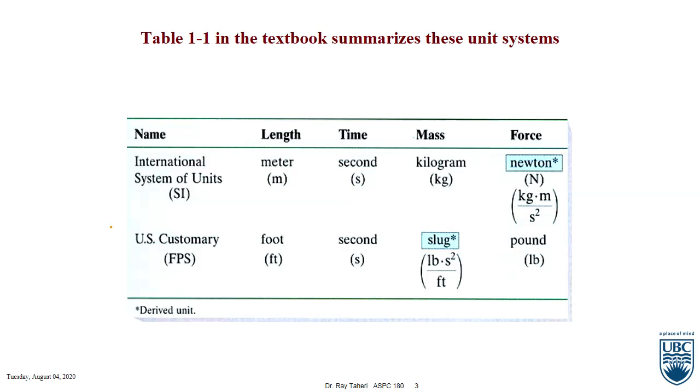In the foot-pound or US system, length is the foot. 1 foot is 12 inches. Time is the second, as I mentioned, in both systems. The unit of mass is called the slug, and I know it's not very commonly used. It's a kind of misconception in North America: when you go to the grocery and want to buy tomatoes, you say 2 pounds of tomatoes.